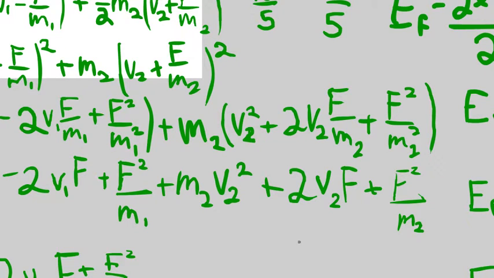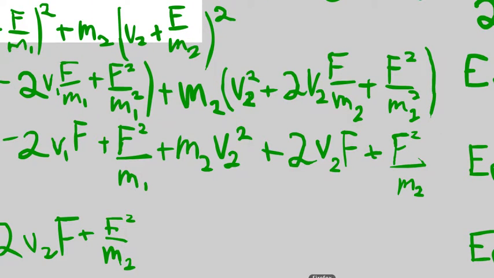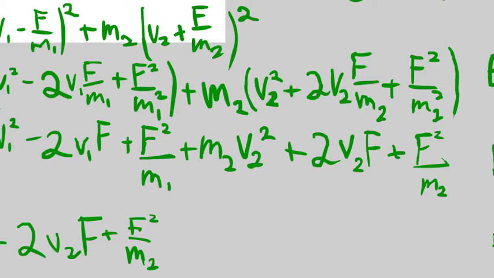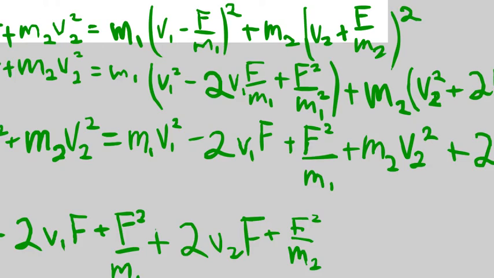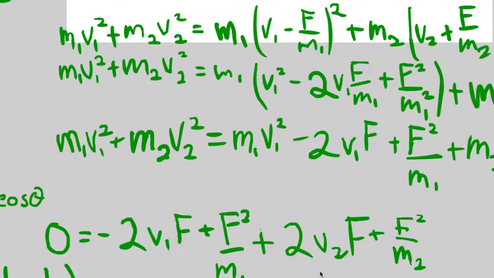Now this is the great part. When I was just doing this math for the first time, you'll notice that this is m2 v2 squared, and the exact same thing is on the other side of the equation. And they're both just two little terms. And if you know algebra, what you can do is subtract both sides of the equation by that and this and this and this, and you'd get left with a 0 on this side since I subtracted both of the things.